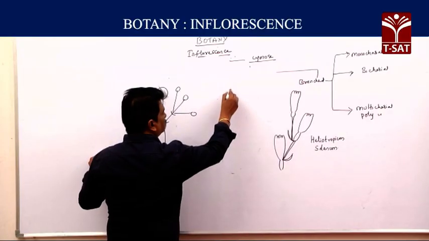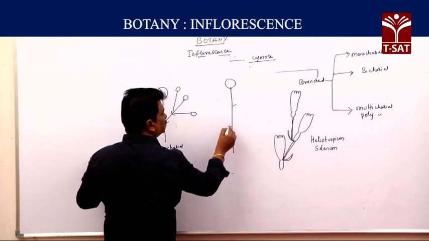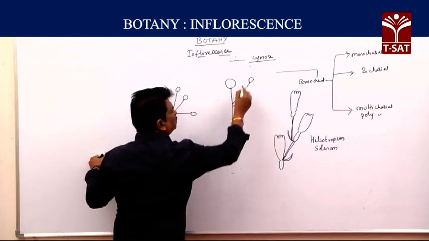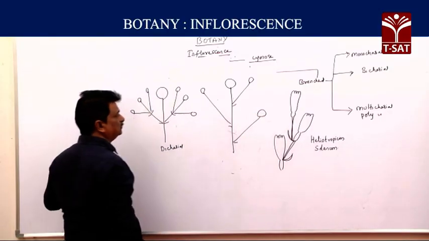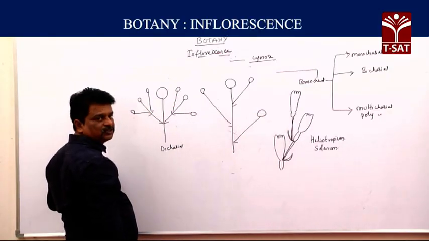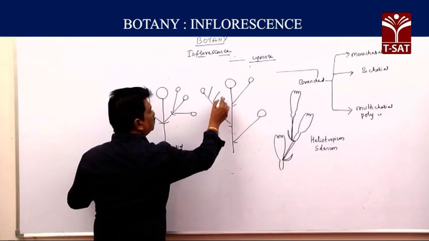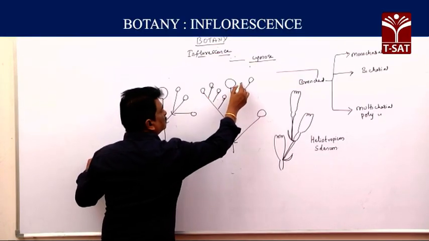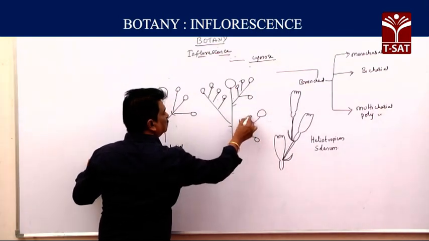Trichasial: minimum 3. In trichasial first generation, there are 4 flowers and 3 branches. Second generation means every branch produces 3 flowers: 1, 2, 3; 1, 2, 3.